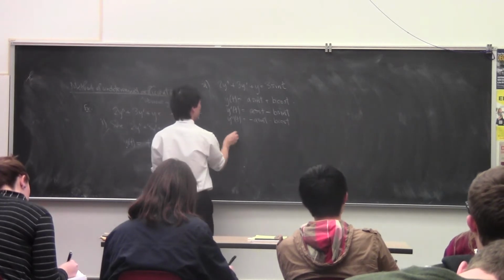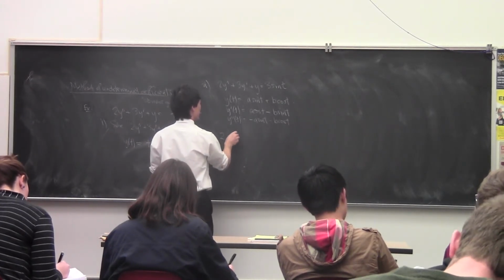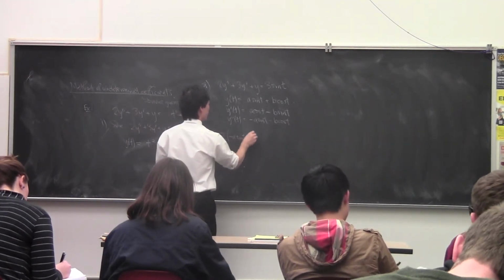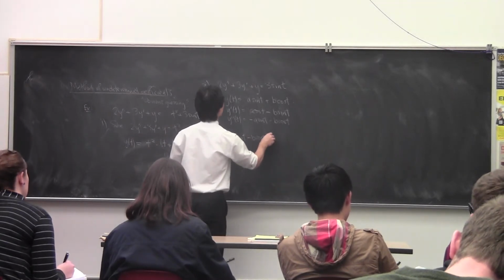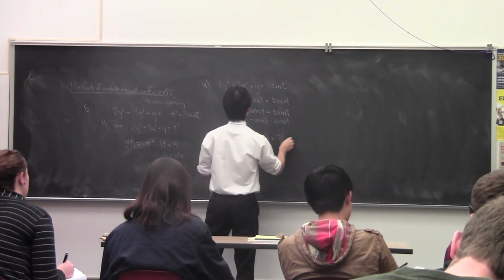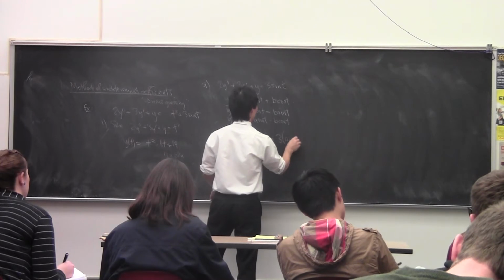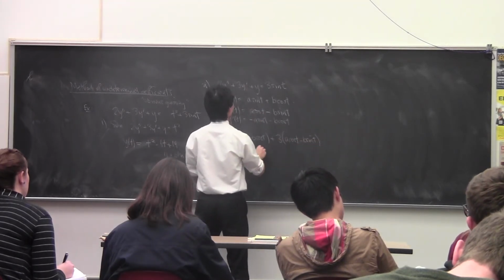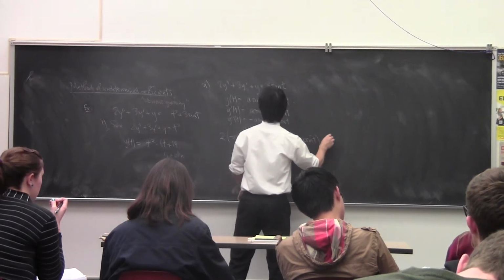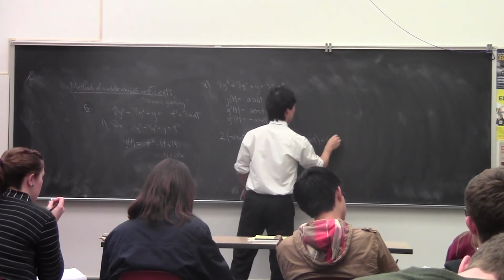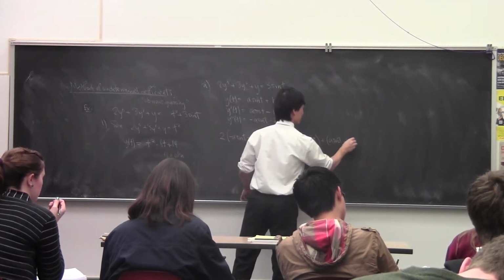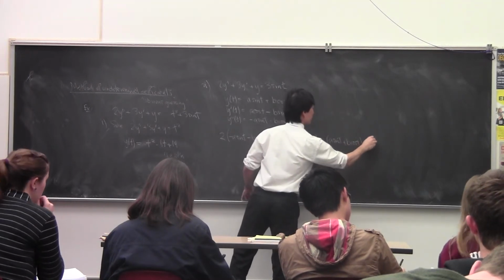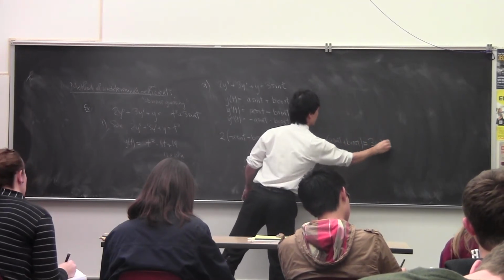And you plug this back in, you get 2 times minus a sine t minus b cosine t plus 3 y prime, so a cosine t minus b sine t, plus y, that's a sine t plus b cosine t, equals, you want that to equal 3 sine t.